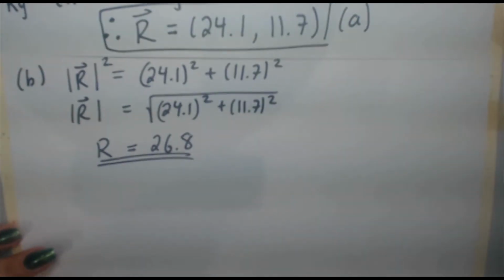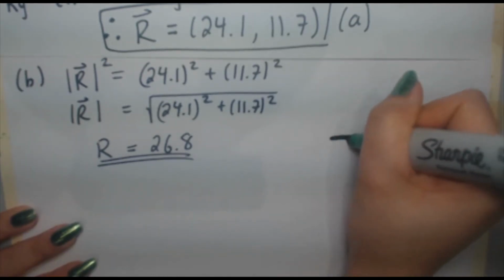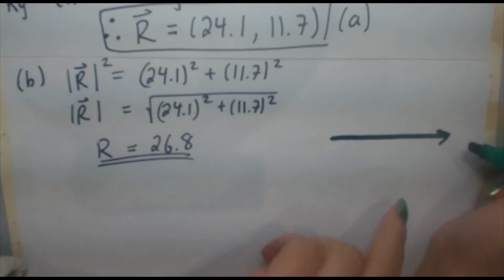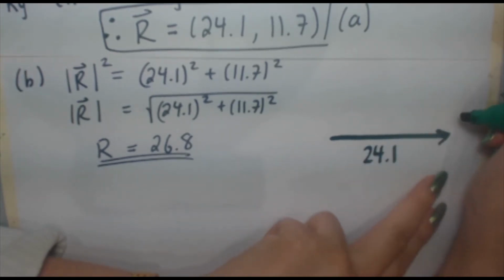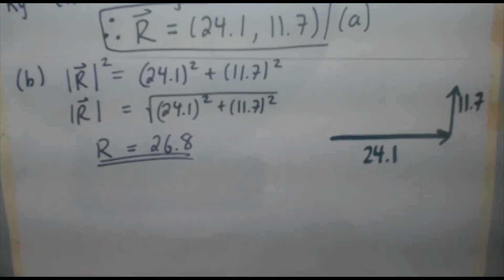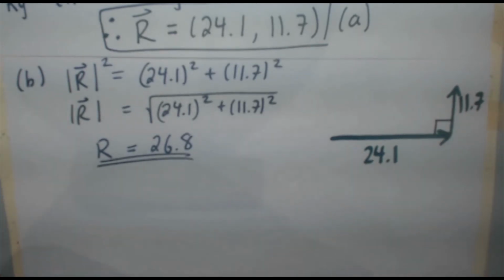So if we draw this, what we have essentially is this. We've got a 24.1 in the x direction, and we've got 11.7 in the y direction. There is a 90-degree angle formed at that juncture.